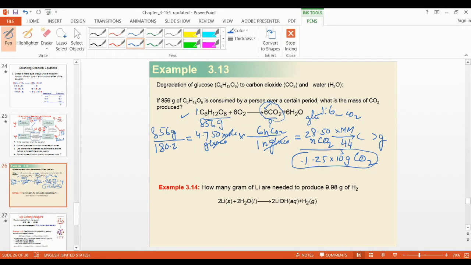Where are you taking the molar mass? What I told you in the beginning. Did you forget? Did you attend chapter 2? And what about 180? Also molar mass, molar mass of glucose. If this is not in the question, from where do you get it?